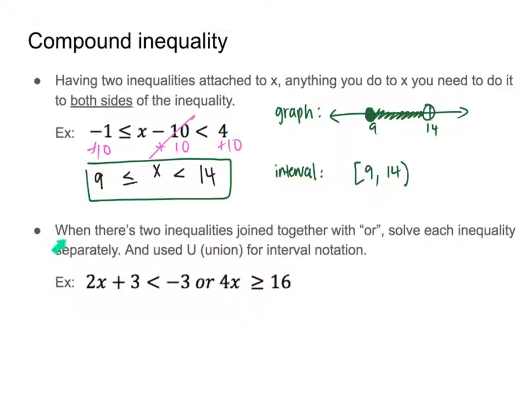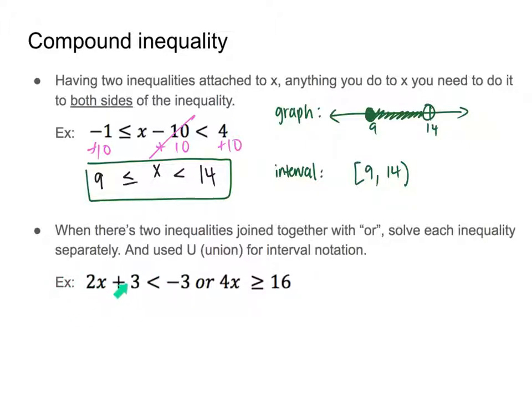Then on this one here, it says when there are two inequalities joined together by "or", there's the or. Notice how this inequality is its own, and so is this one, each has its own x. You're going to solve each inequality separately and then use U for union for the interval notation. So we're going to focus on this one first, trying to get this x by itself.